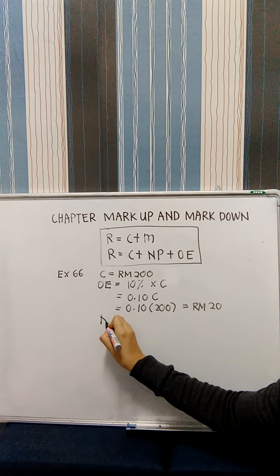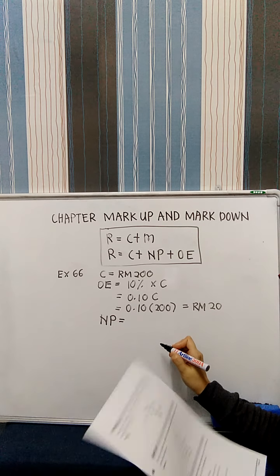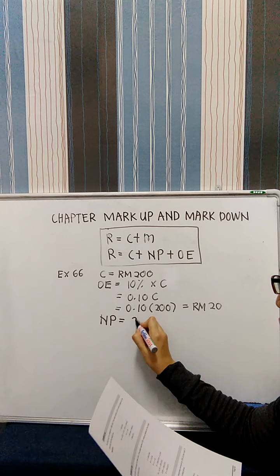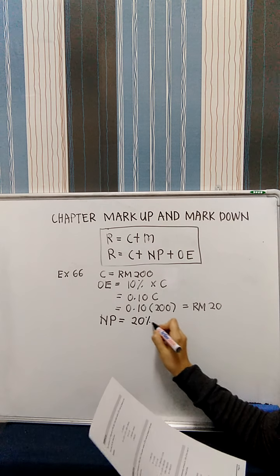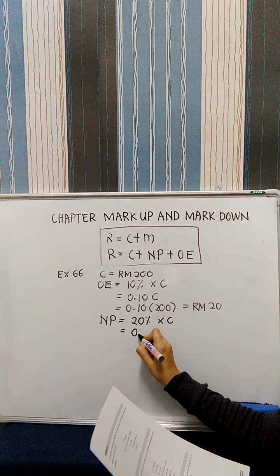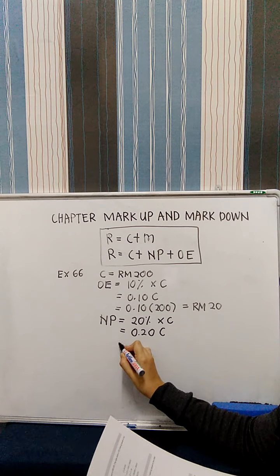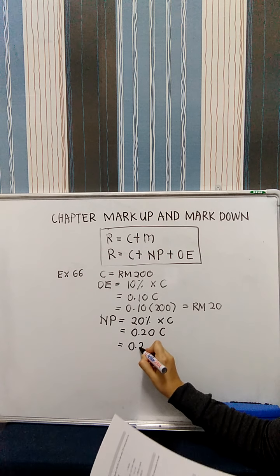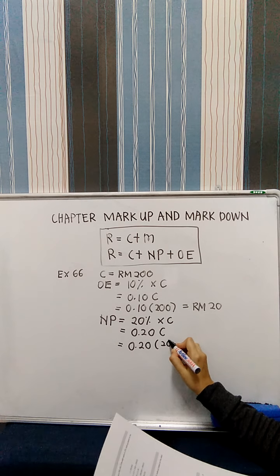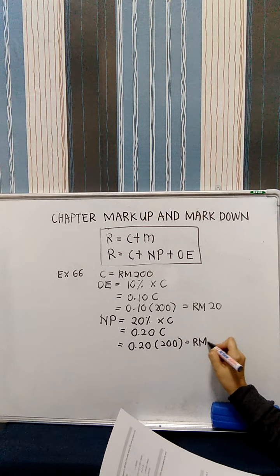So this is net profit, NP. 20% based on cost, so 20% times cost. 20% is 0.20 times C. C is 200. So the answer is 40 ringgit.